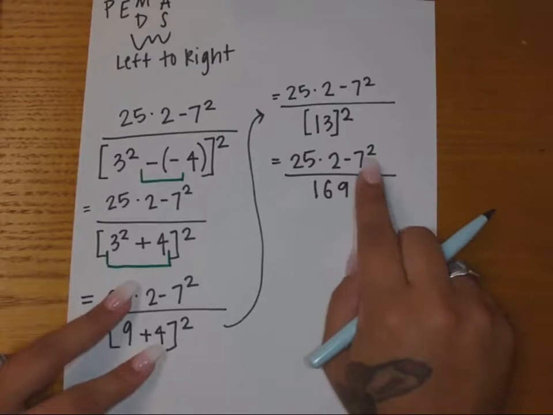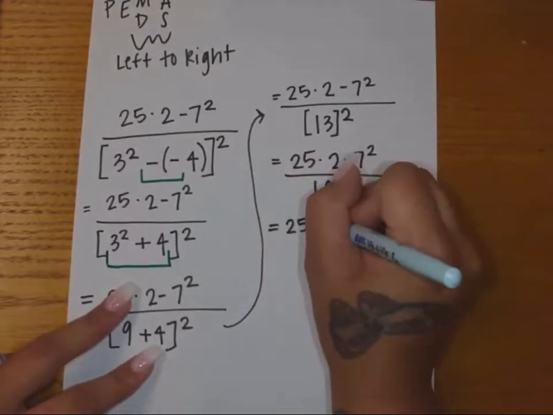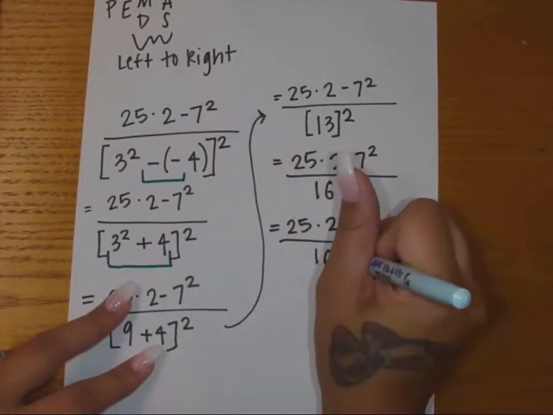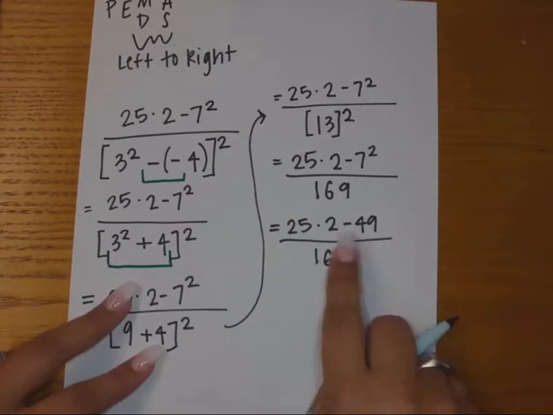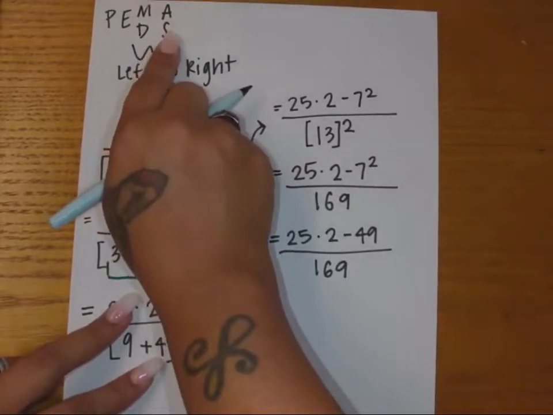Moving on, we see that our 7 is being squared. So 25 times 2 minus 49 over 169. What I have up top is multiplication and subtraction. You do multiplication before you do subtraction.